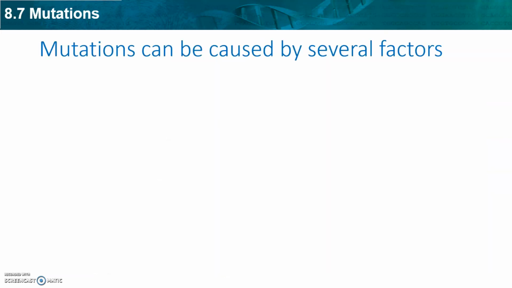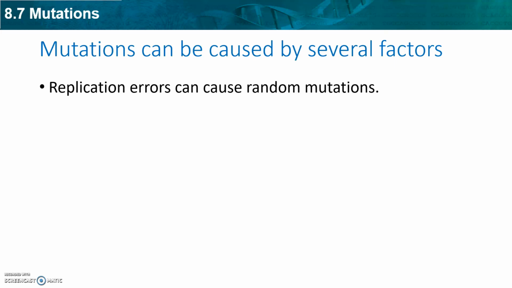Now, mutations can be caused by several different factors, so let's talk about what those factors actually are. The most common way that DNA can become mutated is during the process of replication. And that makes sense if you think about what DNA replication involves. It involves a very long strand of DNA, lots of different nucleotide bases, and it happens very quickly.